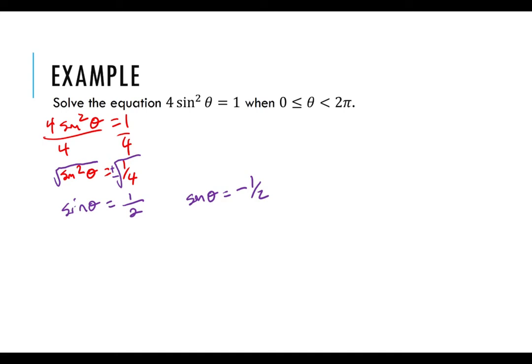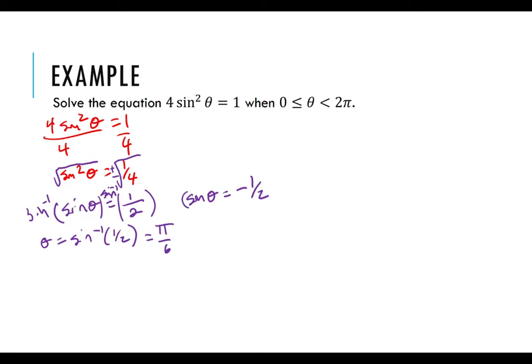Great. Then, sine inverse of both sides. I get that theta is going to be equal to sine inverse of a half, which, if you consider a unit circle, is specifically at pi over 6, right? So that's our sine inverse solution. We'll come back to that in a moment.